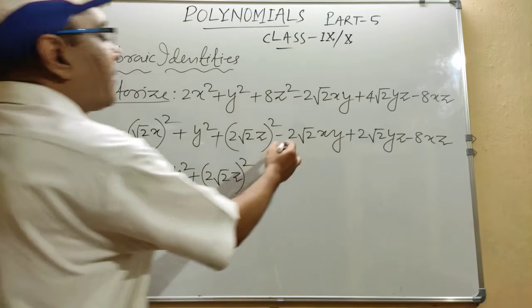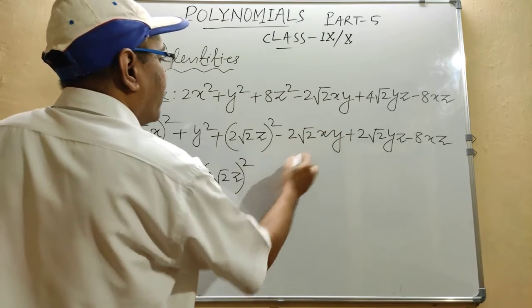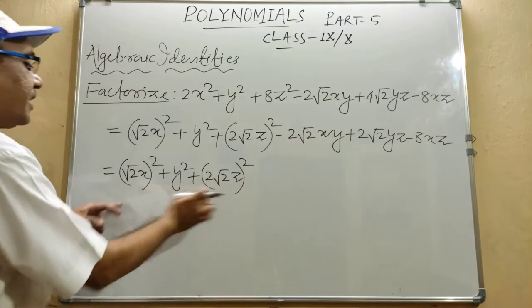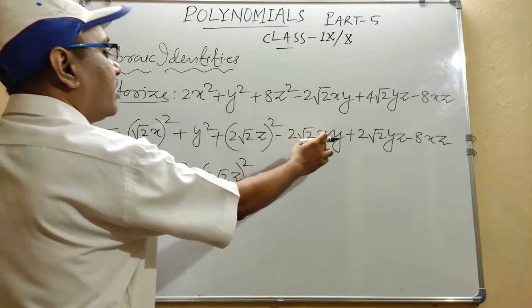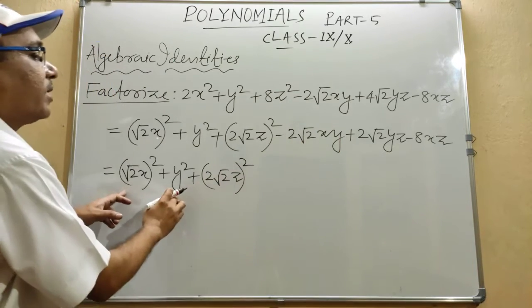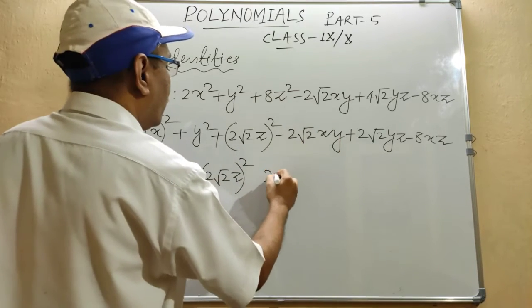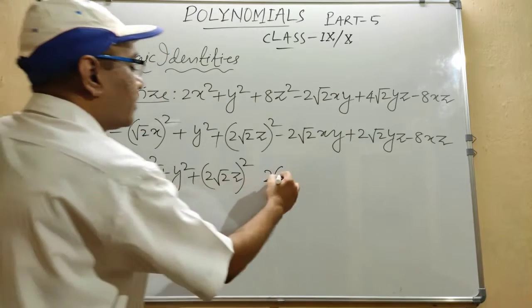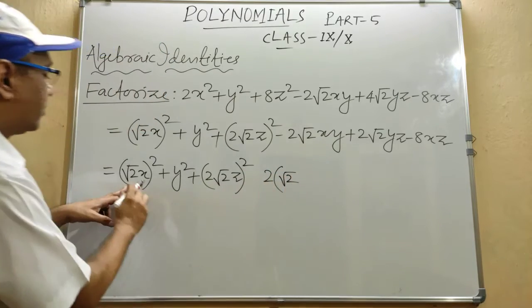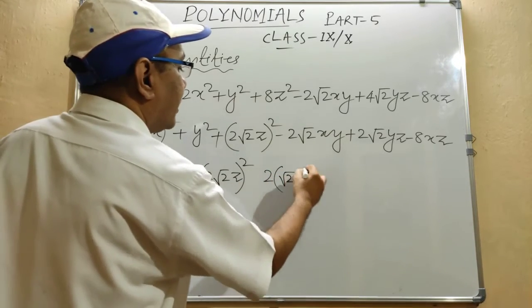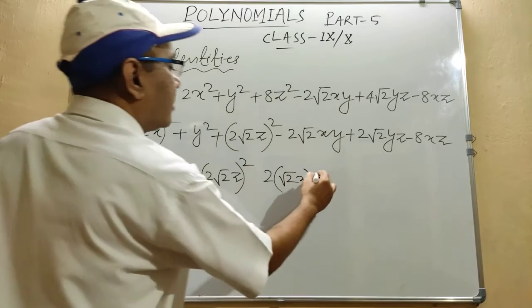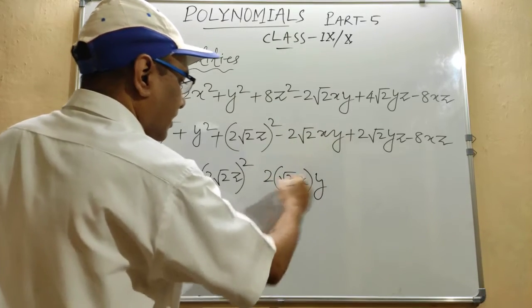See, xz is there, xy is there, so it will come as 2ab. See, 2a, what is our a? Root 2x, this is a. And what is b? Y. So can you write this in this way?